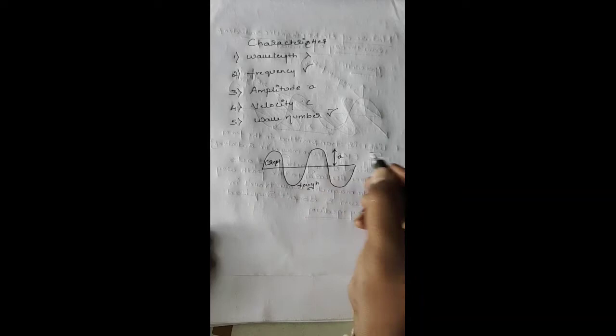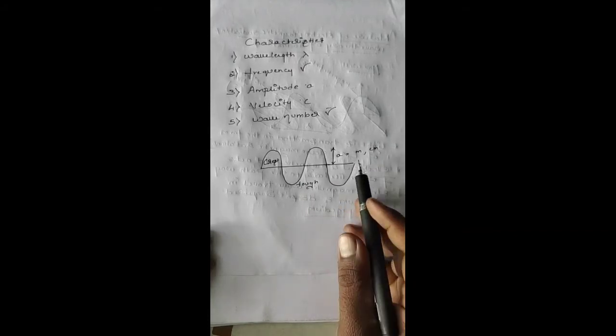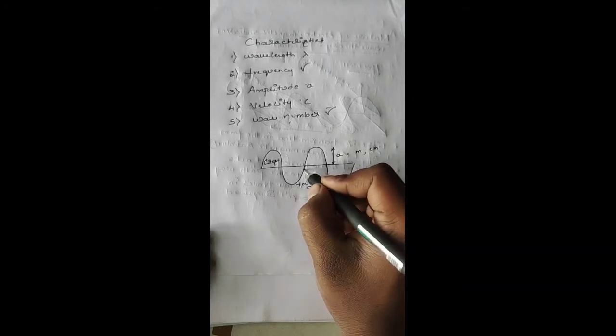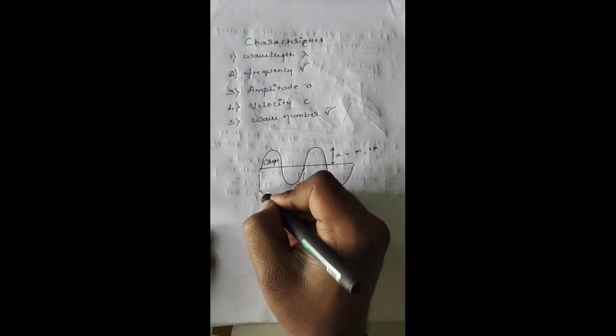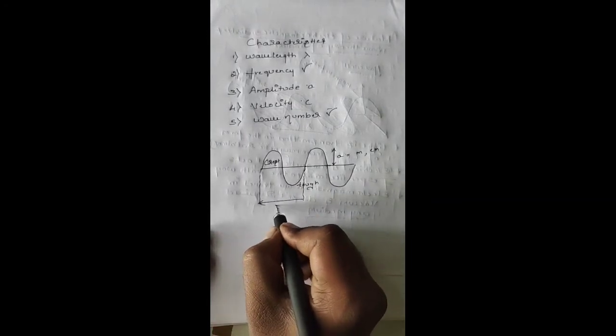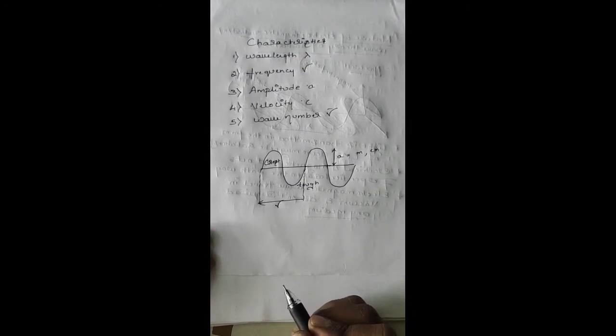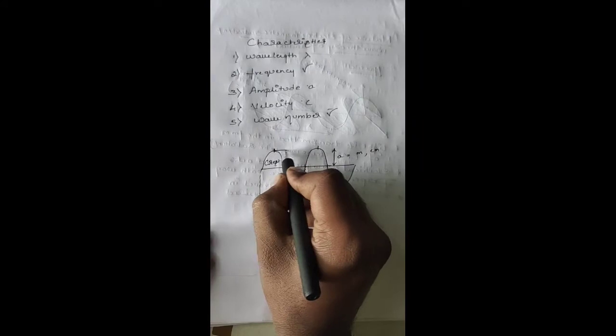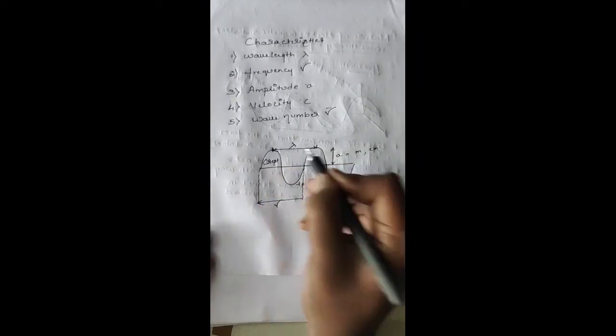It is denoted as A. It is measured in meters and centimeters. What is frequency? Frequency is one crest and one trough. What is wave number? It is the number of crests. This is what we are going to see.